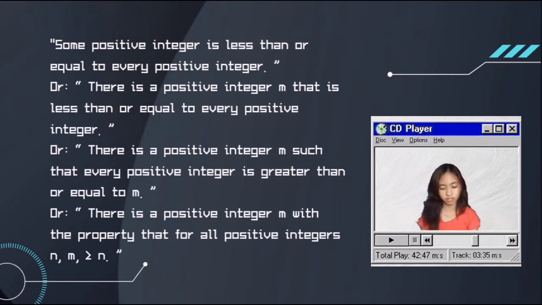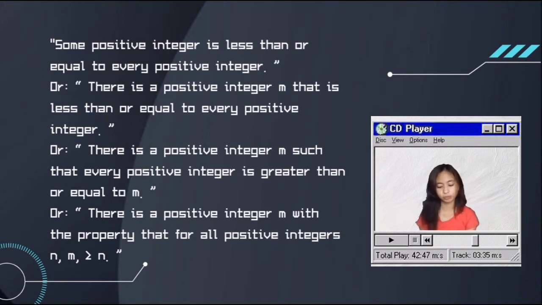We can also write this statement in several ways, some less formal and some more formal. For example, some positive integer is less than or equal to every positive integer. Or there is a positive integer m that is less than or equal to every positive integer.